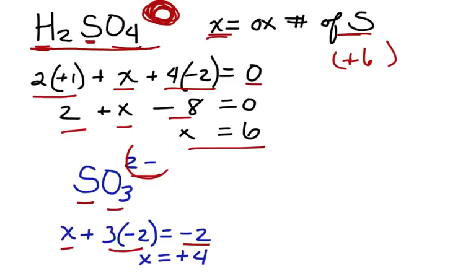So X plus -6 equals -2, therefore the oxidation number of sulfur in sulfite is only +4. Sulfur in sulfite is +4, and sulfur in H2SO4 is +6.